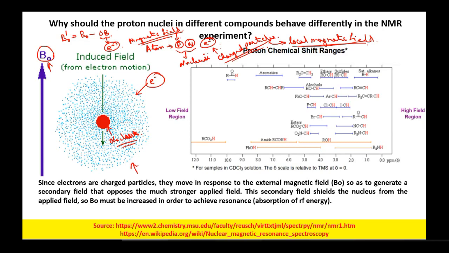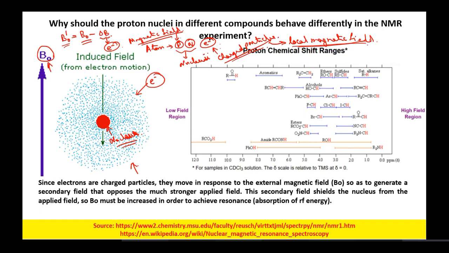So though we have applied a magnetic field of B0, we have a local magnetic field exerted by the moving electrons, and thereby the resulting magnetic field applied onto the protons is lesser than B0. This phenomenon is regarded as shielding. Since we are opposing the applied magnetic field, it is called shielding of the magnetic field.